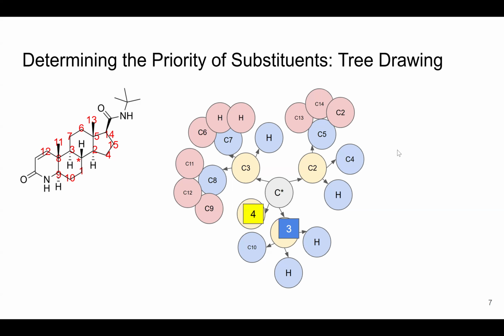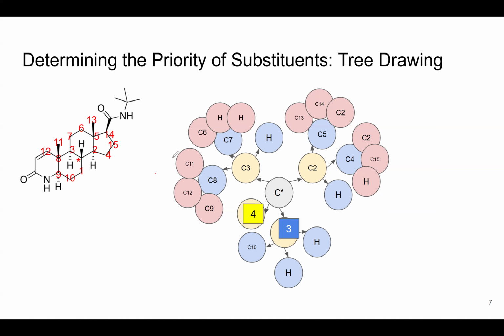Then C5 is connected to 3 other carbons. C4 is connected to two other carbons and 1 hydrogen. So let's look at C8 first because it's connected to 3 carbons. So this is obviously the heaviest of C8, C7, and H. I mean, sorry, the highest priority of these three.